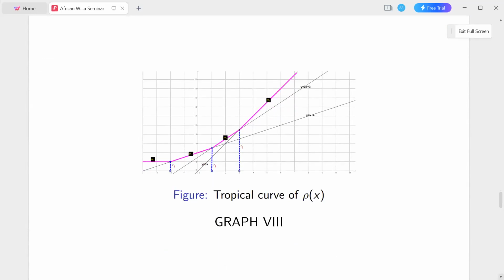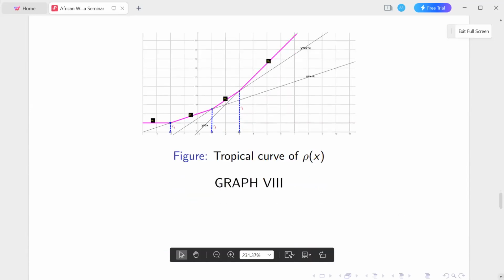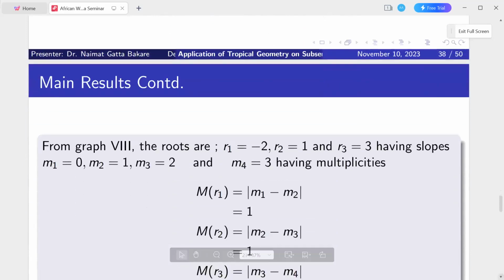Our roots are 3, which are the dotted lines represented, while these are the slopes of the graphs. So now looking at this, find the multiplicity and see what we obtain. That's why we have different roots. In this one, we have R1 to the minus 2, R2 1, R3, and we have a different slope for each of the roots.